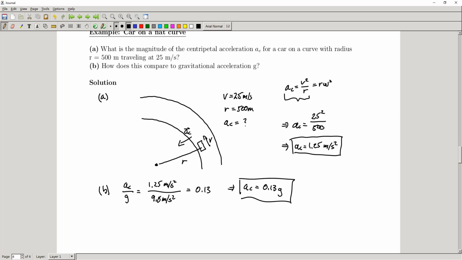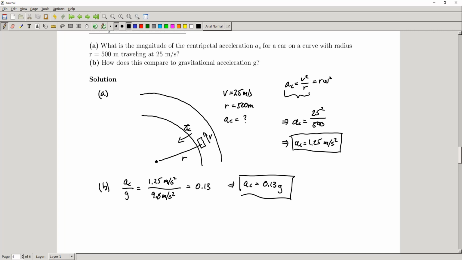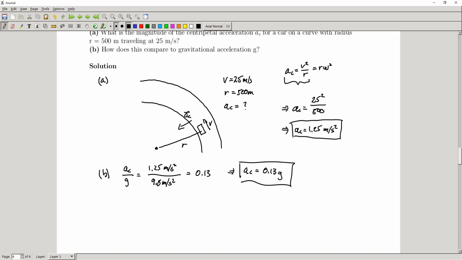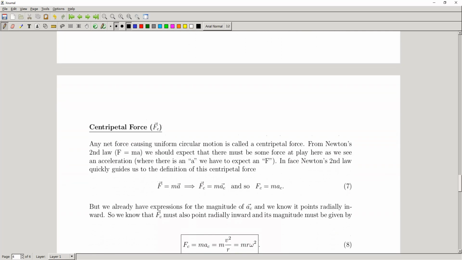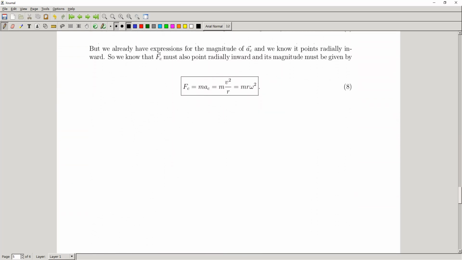Well, in this case, it would be the friction of the tires on the road, right? The friction of the tires on the road is what's keeping this thing in this curved path. If there was no friction between the tires and the road, this thing would just start skating off the road in the direction of the tangential velocity, right? So the force keeping it in this uniform circular motion is the centripetal force.